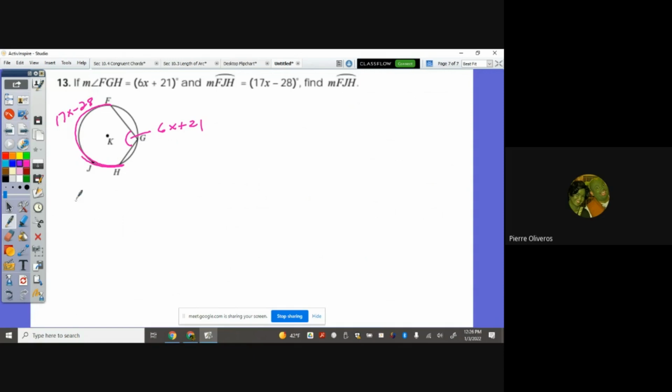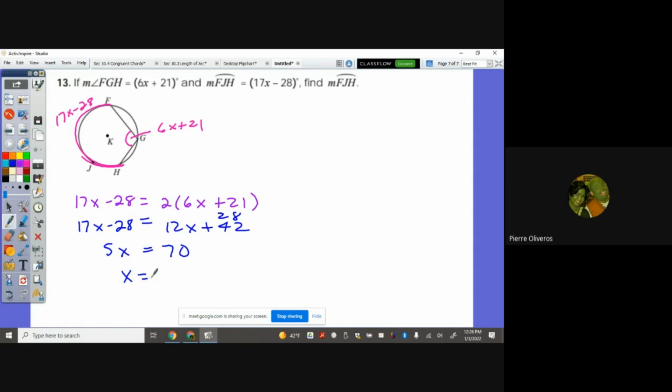We know that if we double the inscribed angle, that will be equal to the intercepted arc. Distribute: 12x plus 42 equals 17x minus 28. Combine the like terms, this will be 5x. This 28 here will be 70. So x equal to 14.